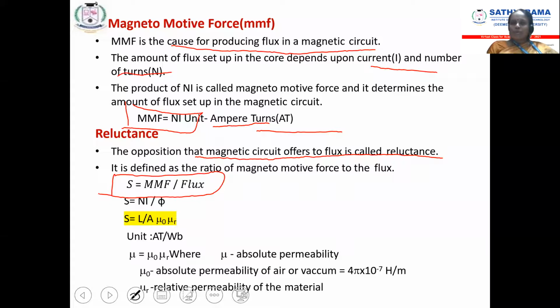Obviously, reluctance is directly proportional to MMF and inversely proportional to flux. What is the unit for reluctance? The unit for MMF is ampere turns, and the unit for flux is Weber. So the unit is ampere turns per Weber. You all understand? Ampere turns per Weber is my unit.